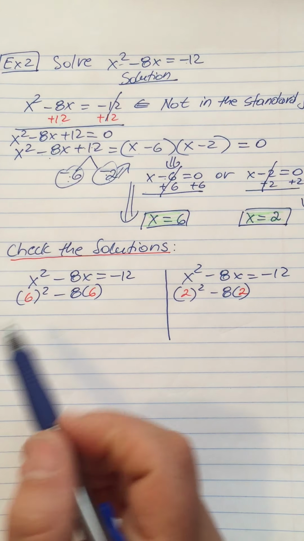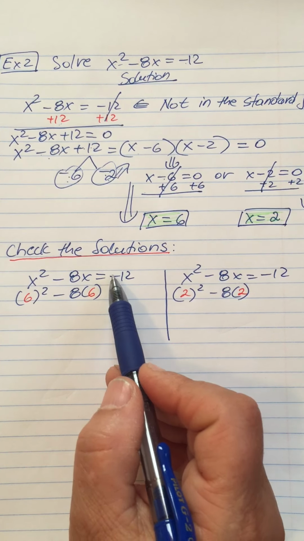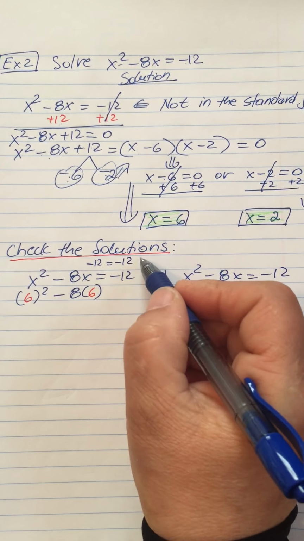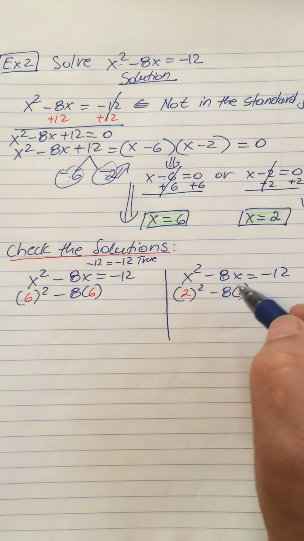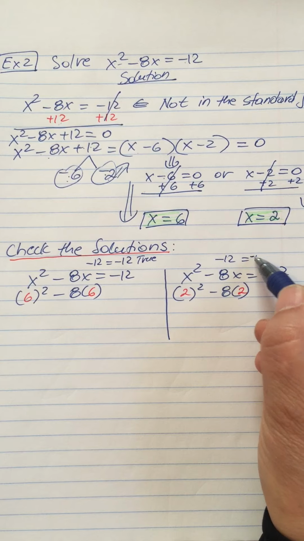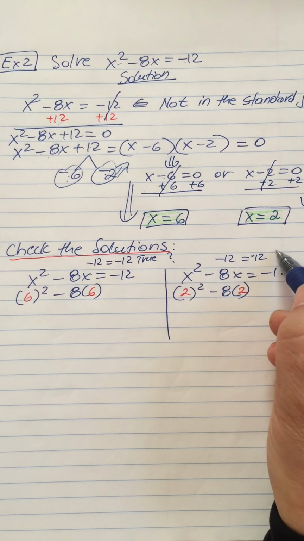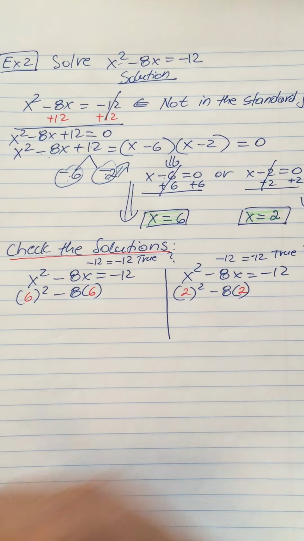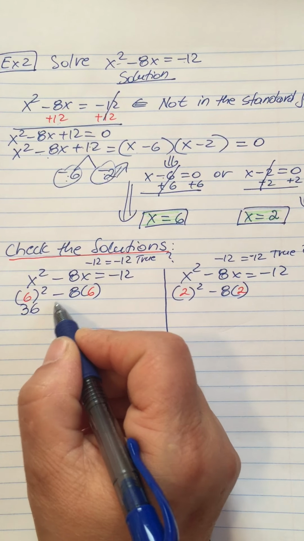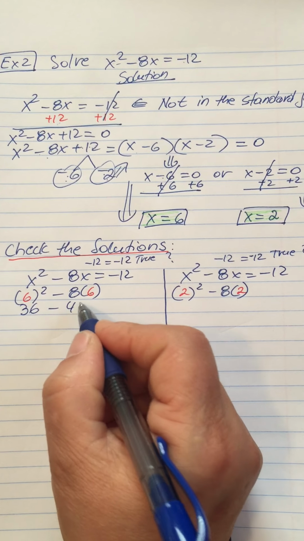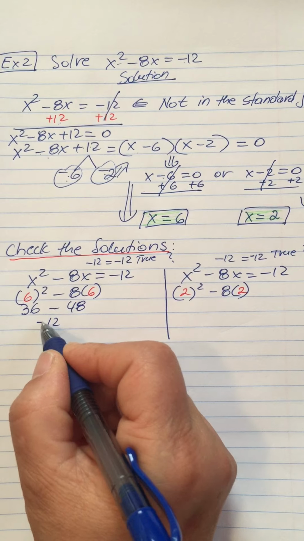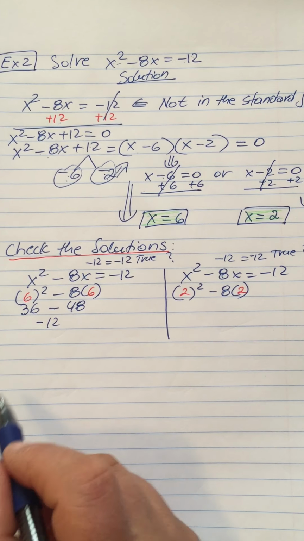And now I will check if the left side will become negative 12, because if the left side is negative 12, then this is true. And here, the same thing. So now I am asking. What do I have here, 6 squared, 36, minus 8 times 6, 48, and 36 minus 48 is 12 with a negative sign, because we subtract from 48.